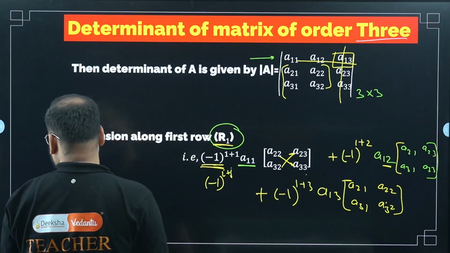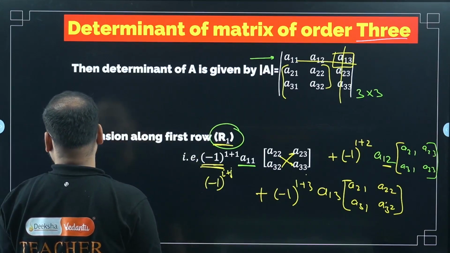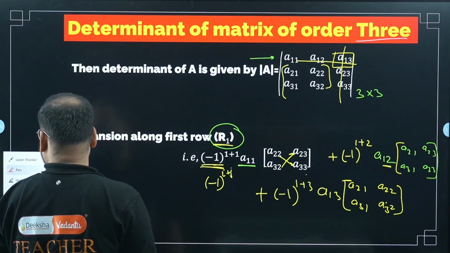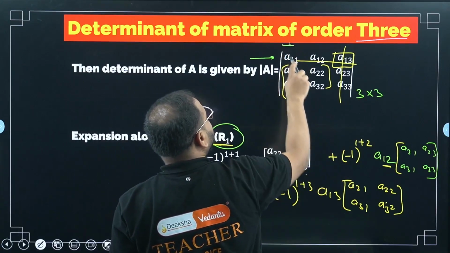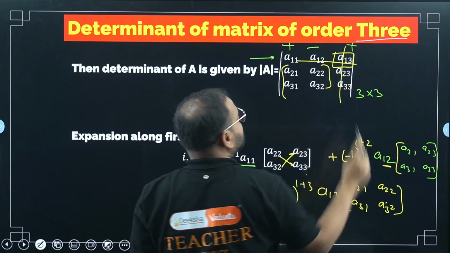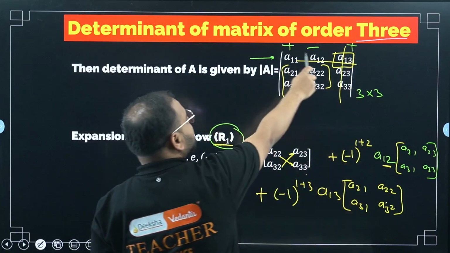So basically, to understand it over here, this is my positive, this is my negative, and this is my positive. Okay, I hope you understand this. Positive, negative, and positive.